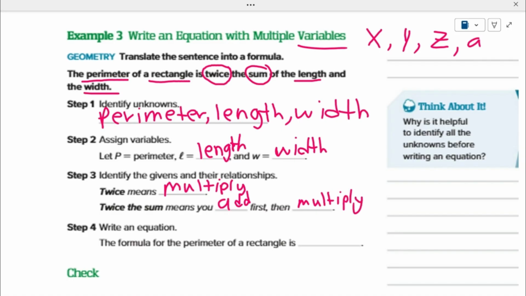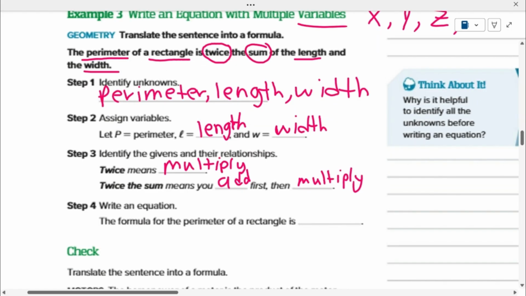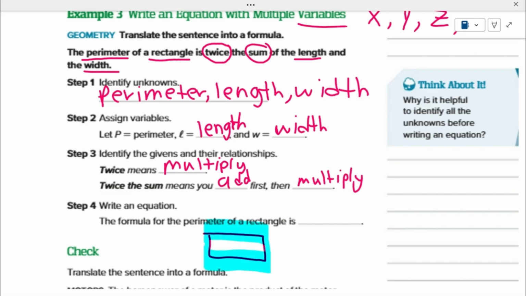Write an equation. So the formula for the perimeter of a rectangle, let's think back. This would have been in middle school. If we want to know the perimeter, which is the outside of the rectangle. So we're thinking about all of this, not the inside. The inside would be the area. Perimeter is going to be 2 times the length.